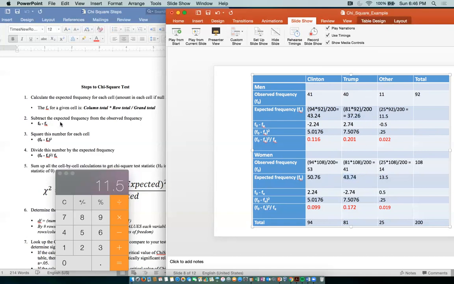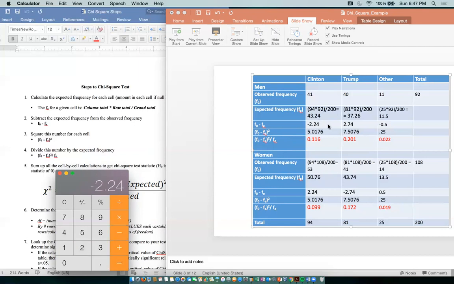Step 2, we subtract the expected frequency from the observed frequency. So F sub O is the numbers we actually observed. We subtract from that F sub E. I've already filled those in for you, so I'll do the first two just so you get a hang of the math that I'm doing here. So for men voting for Clinton, our observed is 41 and our expected is 43.24.